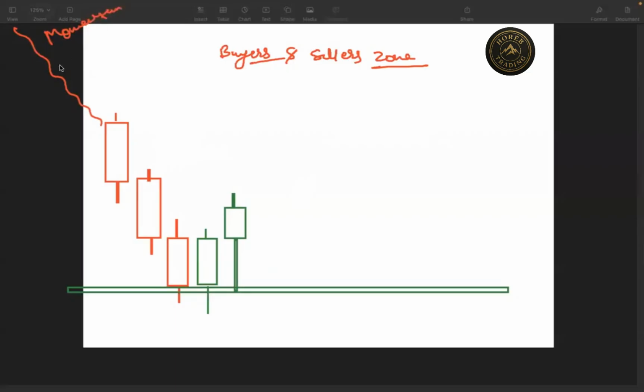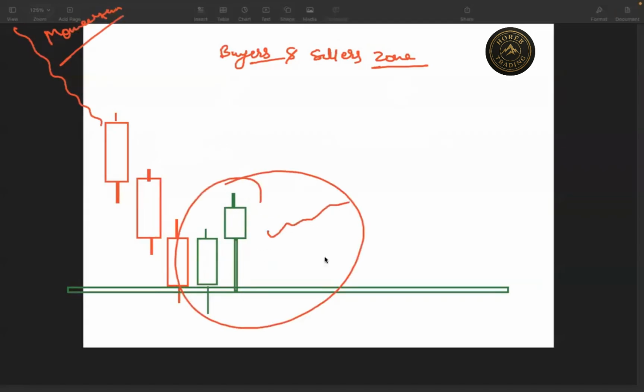It will break. It can resist 1 candle, 2 candles, then it will break.